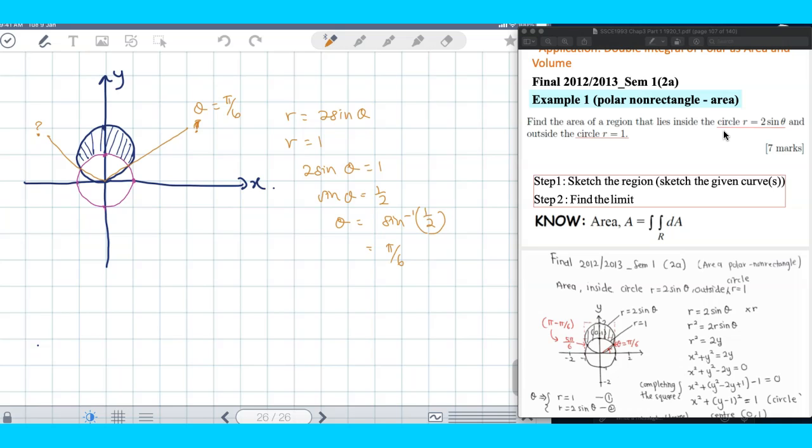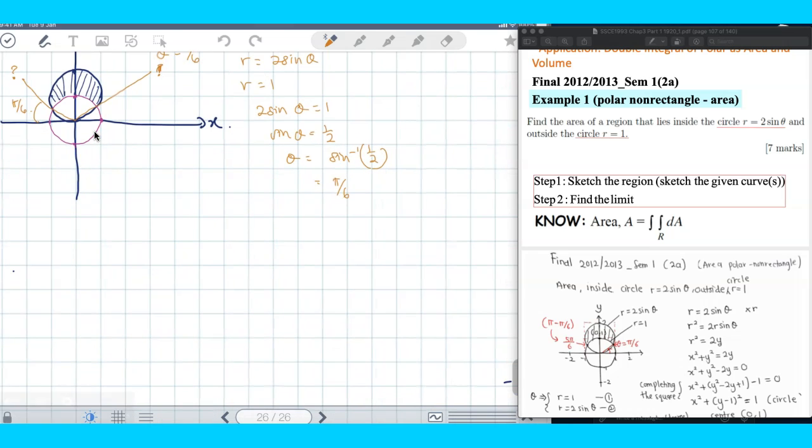And because the size of this angle should be the same, this also gives you pi over 6. But the way you compute the angle is starting from the positive x-axis. So the first theta is pi over 6 and the other theta, how can you get that?